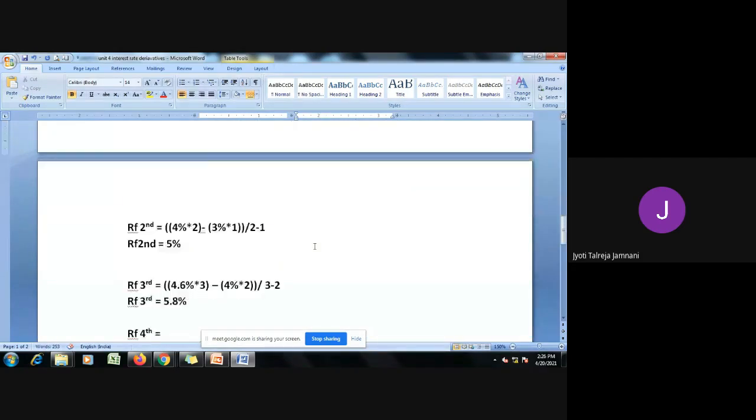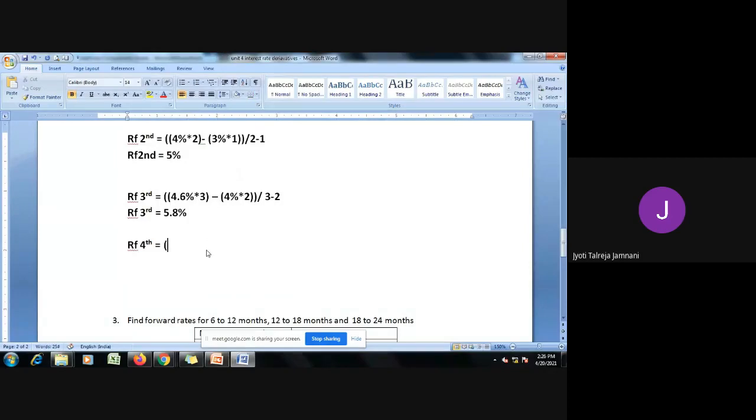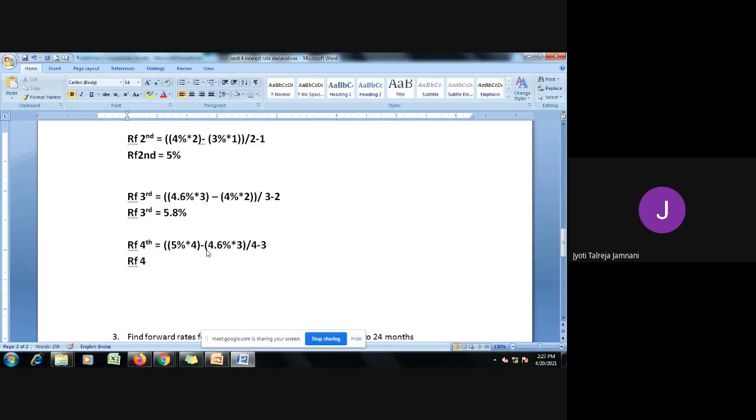So 5% into 4 minus the third year rate, 4.6% into third year, the whole divided by fourth year minus third year. So 4 minus 3. So RF for fourth year is equal to 6.2%, ma'am. 5 4s are 20, 20 minus 13.8, you will get 6.2%.